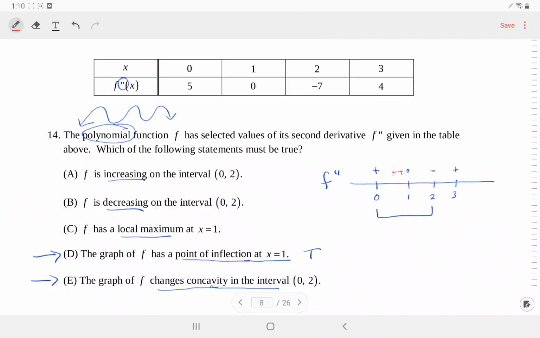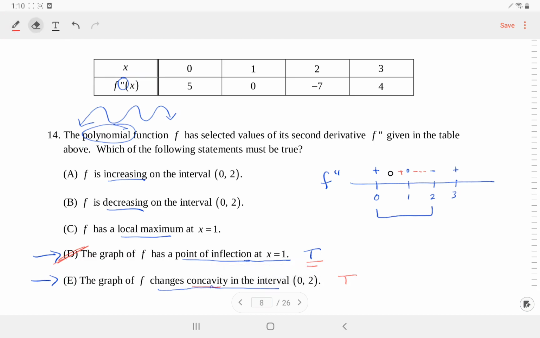Saying that everything up to 1 was still positive and everything after 1 was still negative, then yes, D would be true. But it would also change concavity for E. Well, I can't have two of them true. So D can't be true, mostly because if D were true, E would be true too, and we would have two answers. So that's one reason.